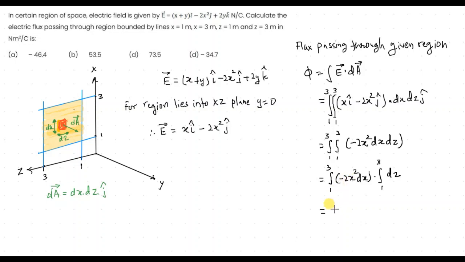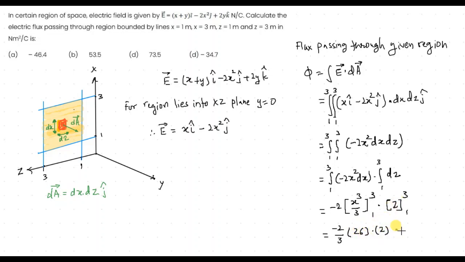Minus 2 is outside, this is x³ upon 3 from 1 to 3, and the dz integration gives z from 1 to 3. So it is minus 2 by 3, with 3 cubed is 27 and 1 cubed is 1, so 27 minus 1 is 26, and here 3 minus 1 is 2.